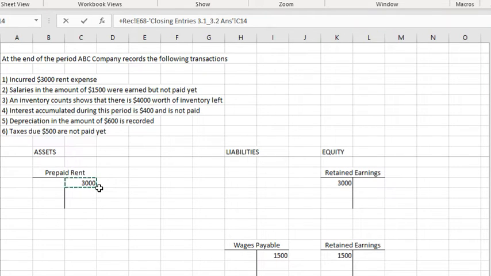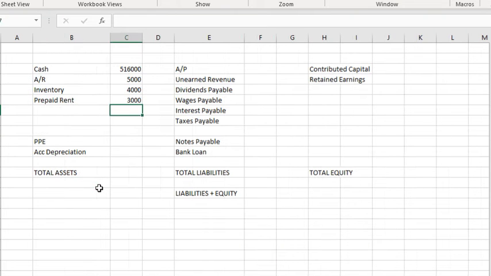So as time passes, you use this asset type called prepaid rent, and when you prepay any type of asset like rent, insurance, etc. So we had some at the beginning and then we used it by the end, and this is pretty much it.